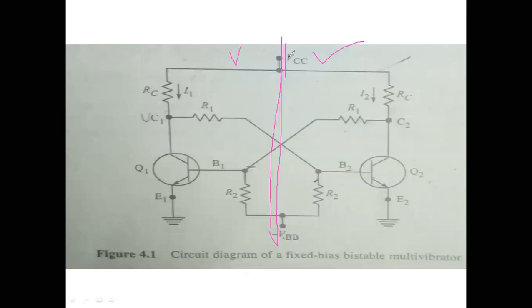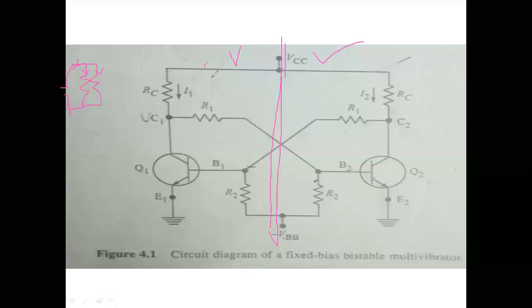That means if you have two resistances of equal values and a voltage source of VCC, then the current flowing in the two resistances will be equal, because both are symmetrical.